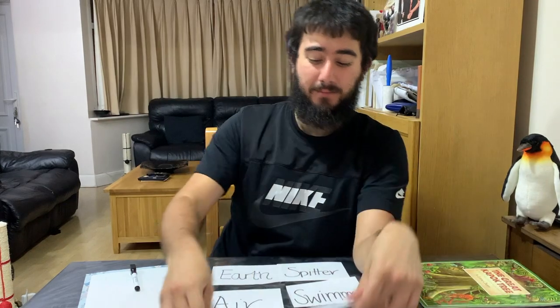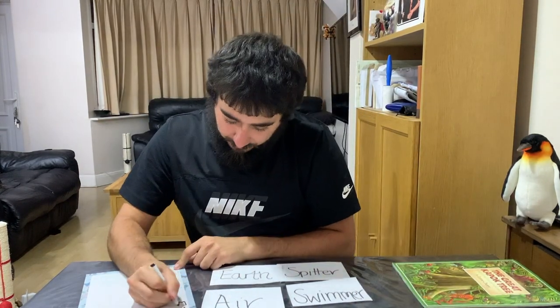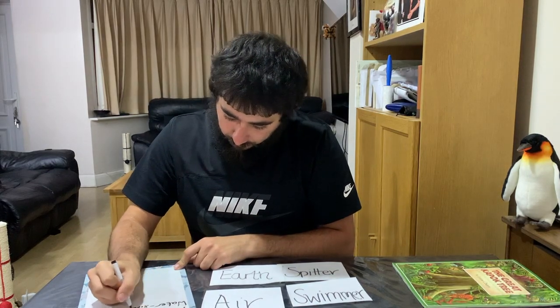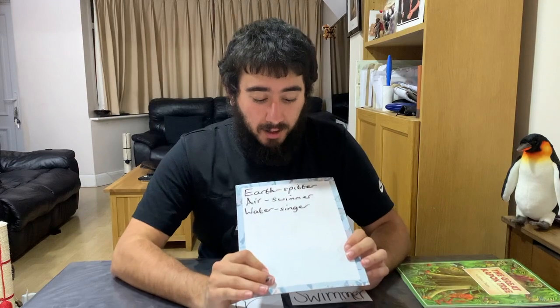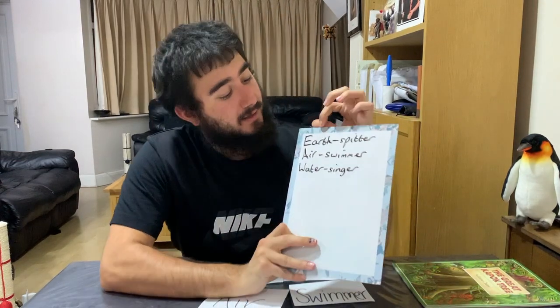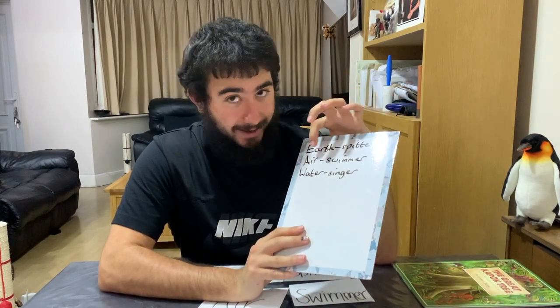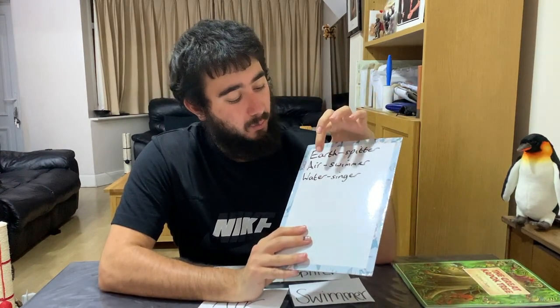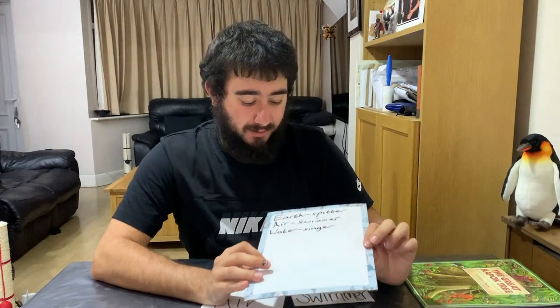I'm going to go for singer. So I've got water singer. Okay, so your clue to guess what I'm describing are these. Earth spitter, air swimmer, water singer. Okay, so think about it for a second.